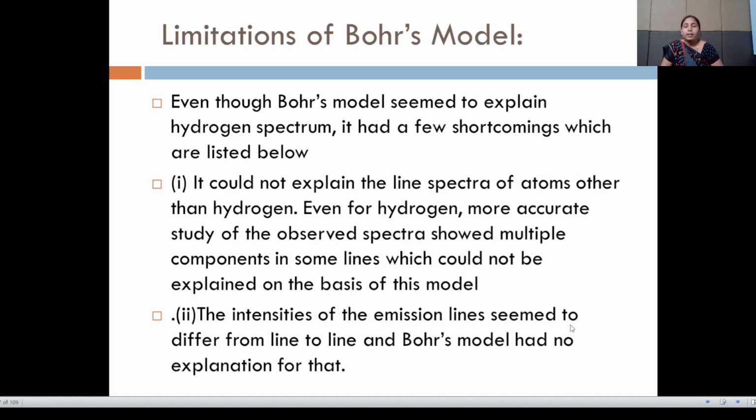Then the next point is the limitation of Bohr's model. Even though Bohr's model seemed to explain the hydrogen spectrum, it had a few shortcomings which are listed below. So what are the limitations of Bohr's model? First, it could not explain the line spectra of atoms other than hydrogen.